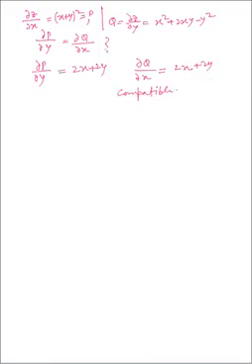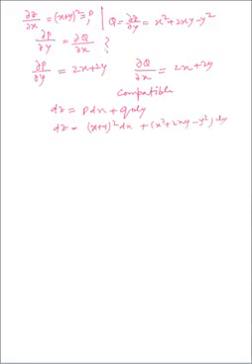And once compatible, we have to find its solution. Solution means dz is equal to p dx plus q dy. We put values of p and q in this. So dz is equal to (x plus y) whole square dx plus (x square plus 2xy minus y square) dy.